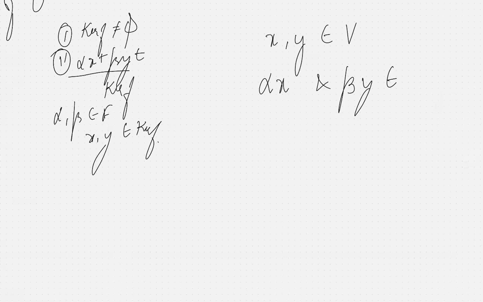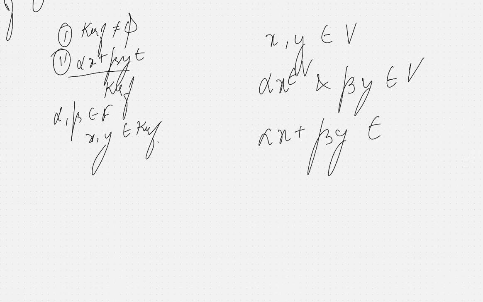Because alpha is a scalar from F, and x and y are vectors. A scalar multiplied by a vector belongs to V by scalar multiplication. And next, alpha x plus beta y: the addition of two elements from V will also belong to V.